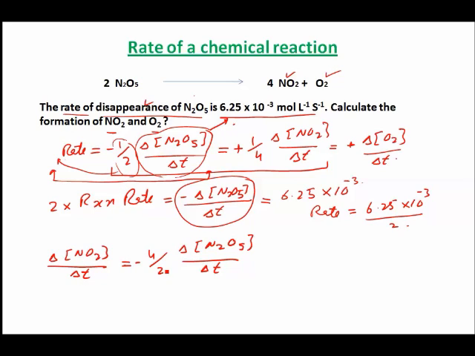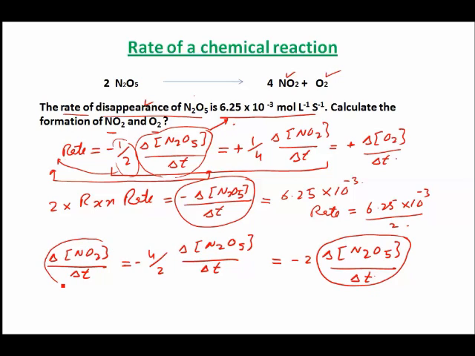I can also write this as 2 times the rate of disappearance of N2O5, because this thing is the rate of disappearance. So the rate of formation of NO2 is 2 times the rate of disappearance of N2O5.